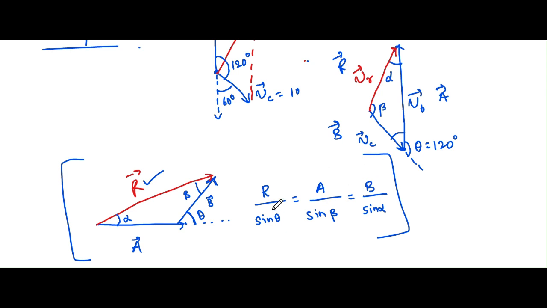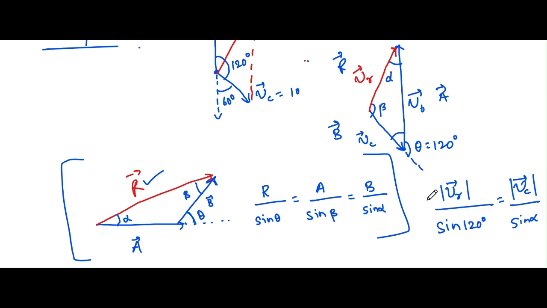So what is happening? This r, the magnitude of the resultant velocity, divided by sine 120 degrees equals, we can take any of these two vectors, so let's take the water current, the magnitude of the velocity of the water current divided by sine alpha.